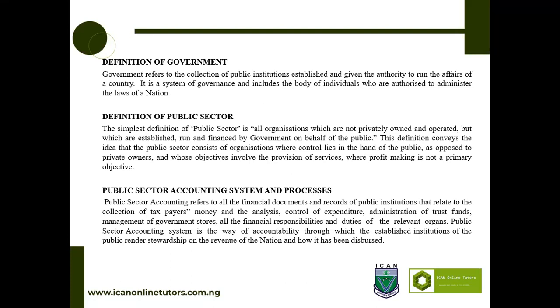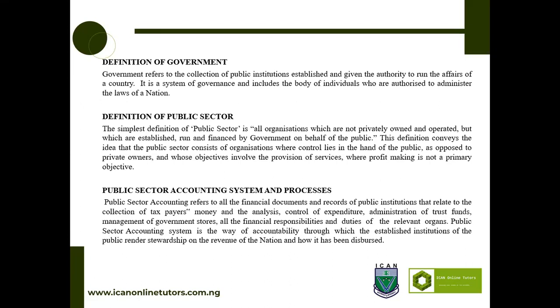So the authority given to those in government is to govern the individuals and the citizens with the use of the provided laws of the nation. So these are governments. Government entails public institutions with authority to rule the affairs of a nation.